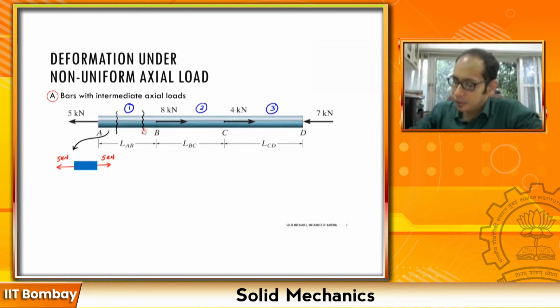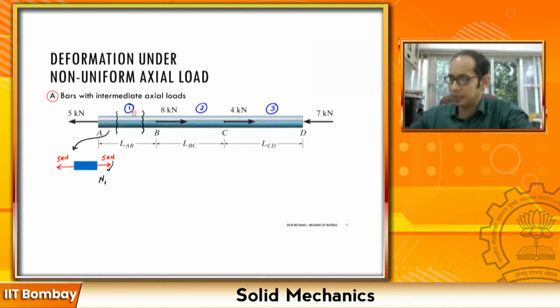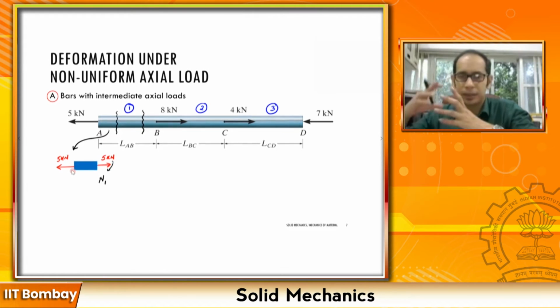So this internal force that I have, since I'm talking about section 1, I'm going to call this one the internal force N1, right? So all along this entire section 1 over here, I have this internal force N1 as 5 kilonewton. And as you can tell, the nature is going to be tensile, so I'm going to mark it as a positive 5.